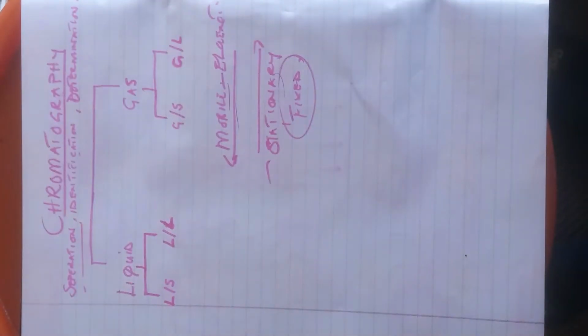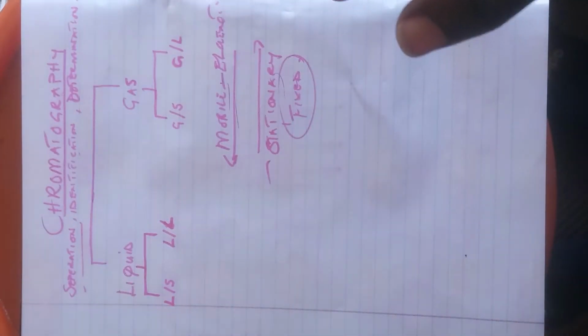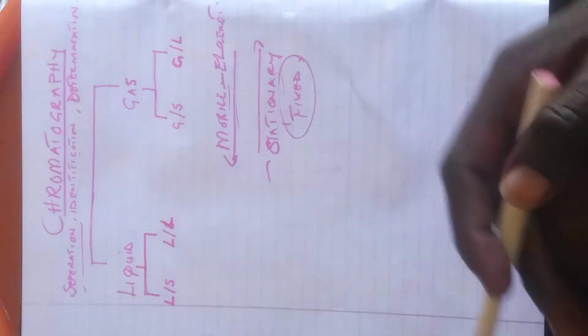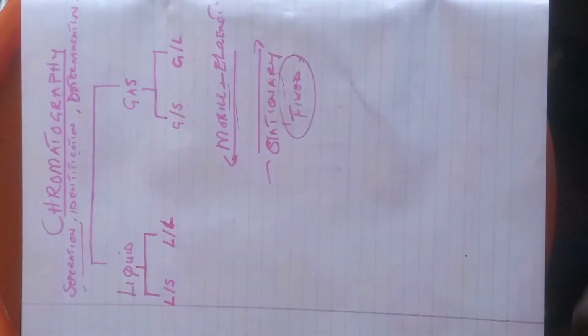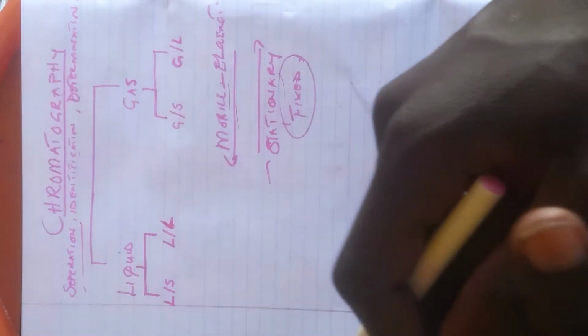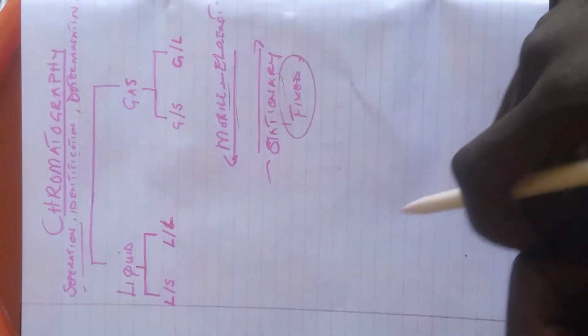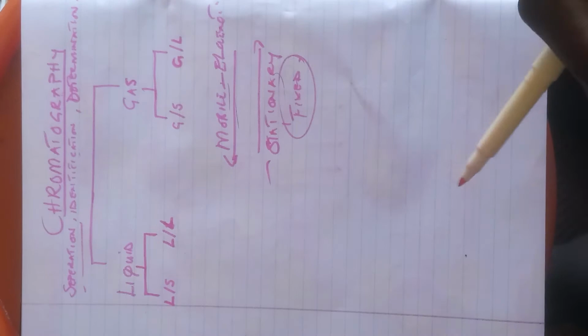So it's always fixed to either a column or any chromatographic setup. The mobile phase is the moving phase; it washes through the stationary phase, carrying the analytes with it, and it is also sometimes called the eluent.